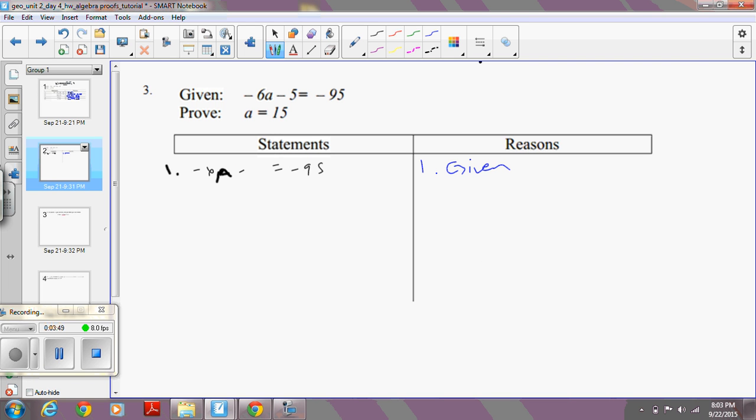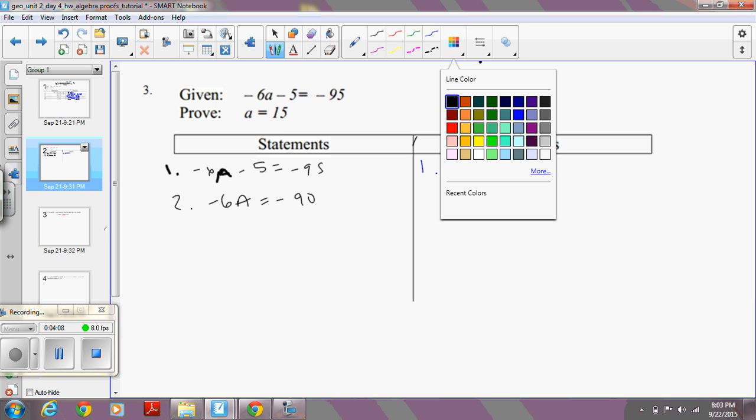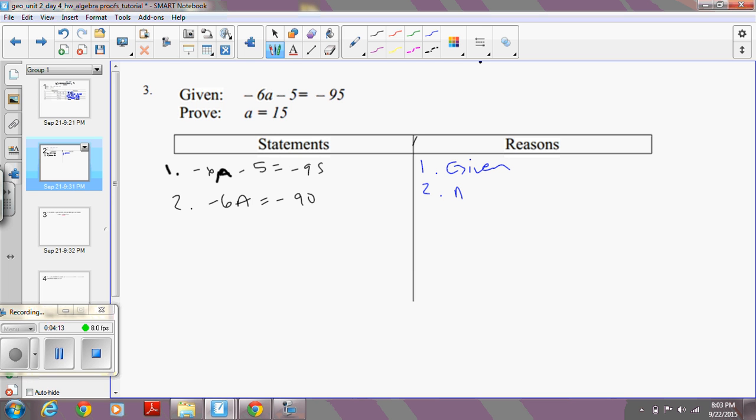By using the addition property. So I would add 5 to both sides. And after I add 5, it would end up being negative 6a equals negative 90. And again, this is the addition property. And now I would divide both sides by negative 6.